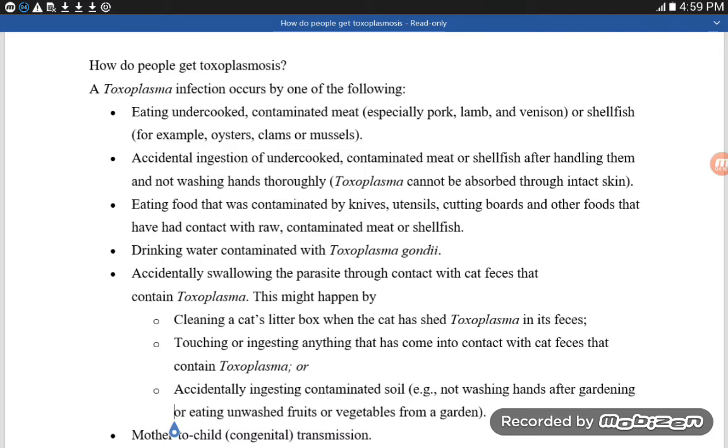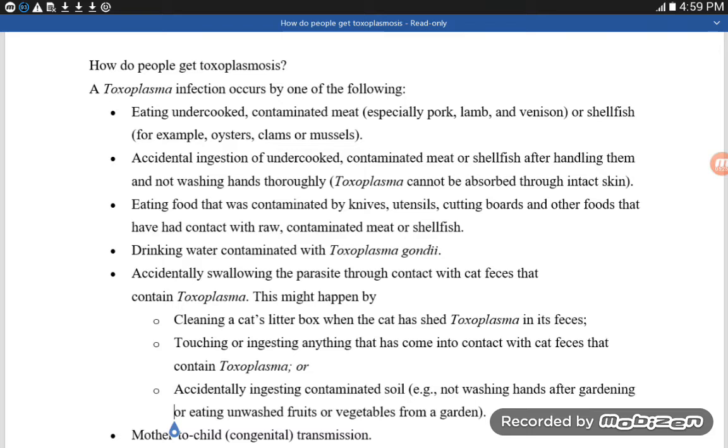Here we are accidentally coming into contact with cat feces. If the cat feces contain Toxoplasma, it can happen when you are gardening or cleaning the garden. At that time you have to wear gloves, because we don't know whether a cat has left feces there.